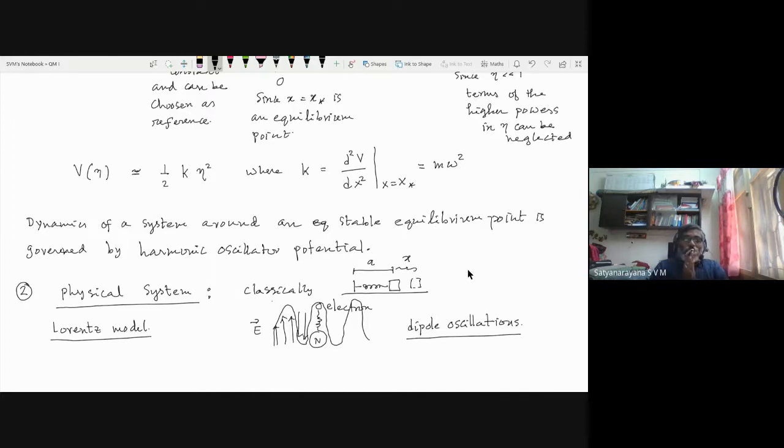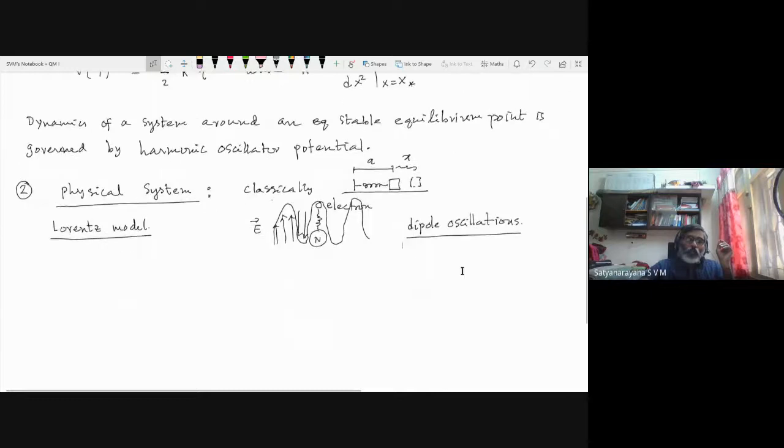Even though the system is not necessarily like that, around the equilibrium it is always like this, a spring-block kind of model. So it should be viewed in this fashion. Wherever you have this kind of model, the dynamics of the harmonic oscillator are relevant.